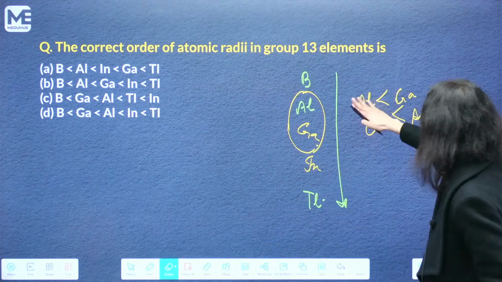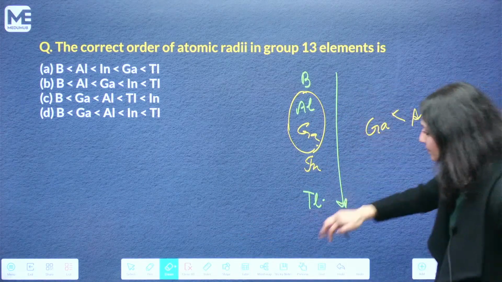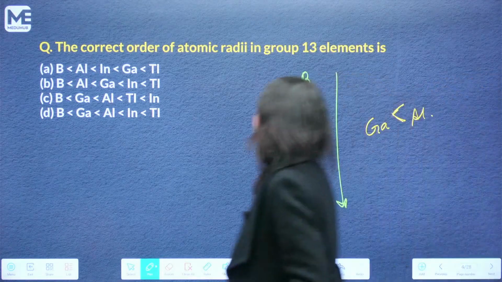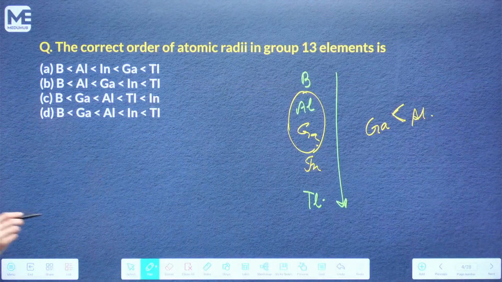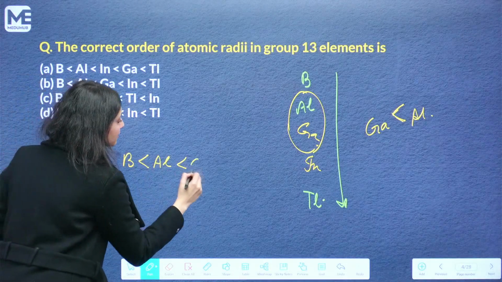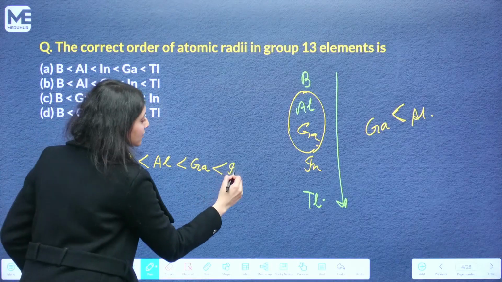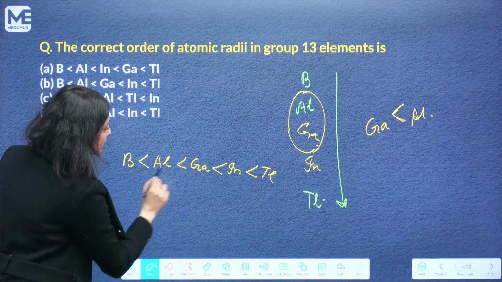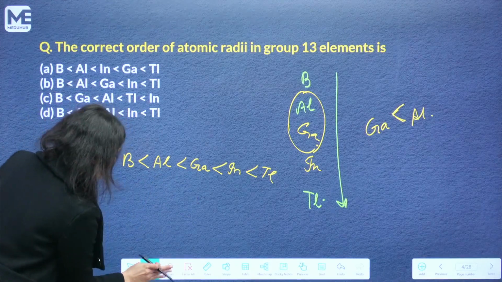So this is the correct order. So out of these, how will you see? Expected would be this. This is the expected order. Anomaly is here. So you will change this.